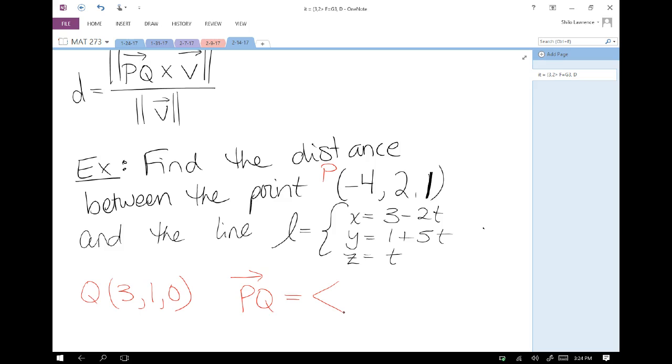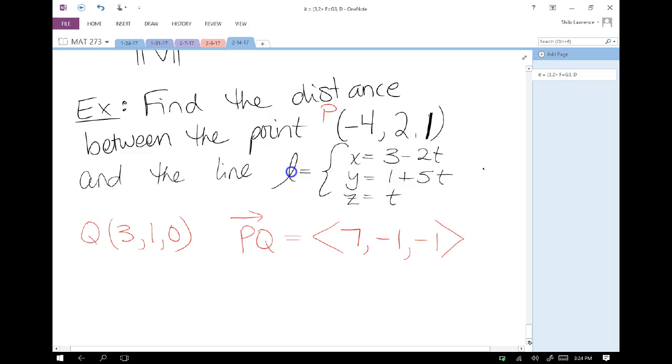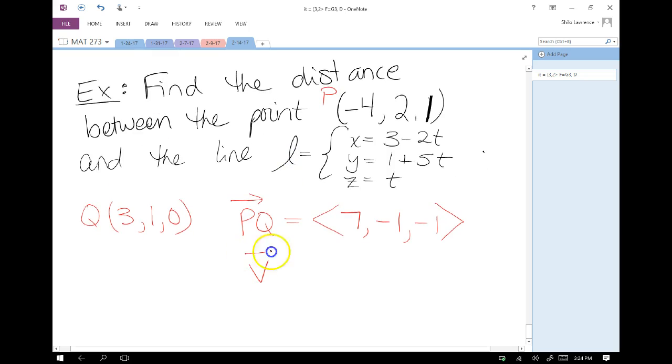So our Q's minus our P's, that's going to be 3 minus -4, 1 minus 2, 0 minus 1. So we get 7, -1, -1. We're going to cross that with the direction vector for our line.